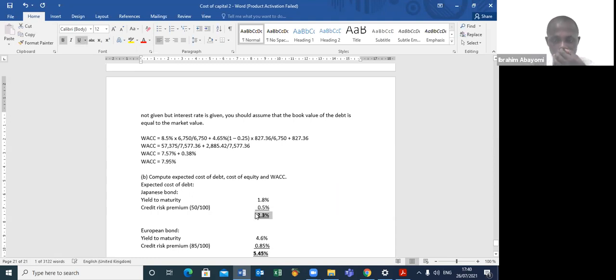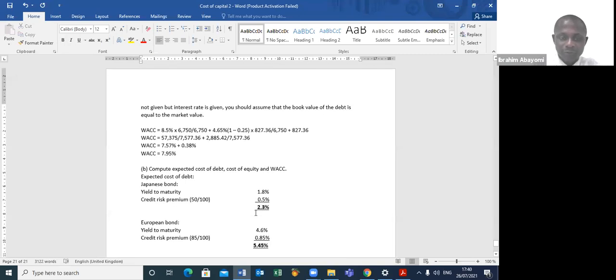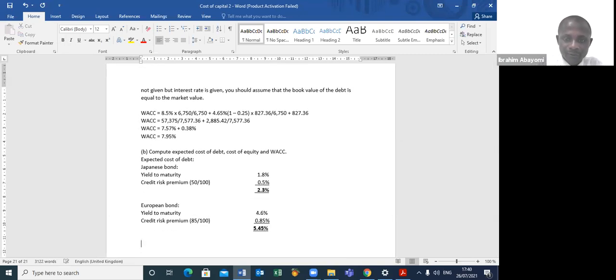My cost of debt, pre-tax, don't forget, is pre-tax, is going to be equal to 2.3% plus 5.45%, then divided by 2. That is your cost of debt.